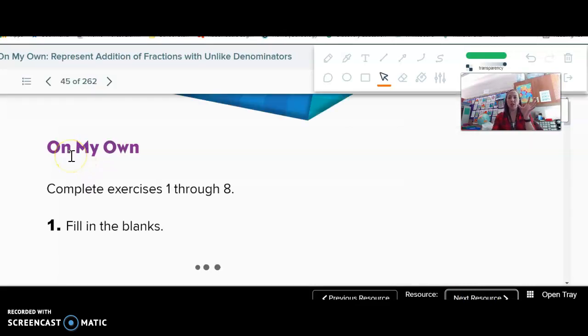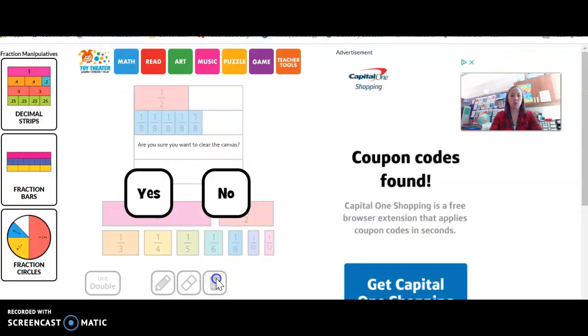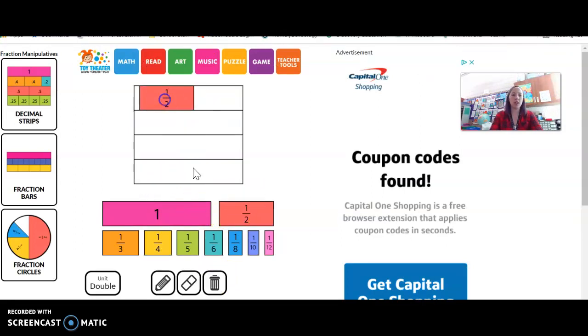We're trying to find fractions that have an equivalent denominator. So if I have 1/2 plus 3/10, we'll clear this. So 1/2 plus 3/10. Now, I could say, well, can I make 10ths equal to a 1/2?